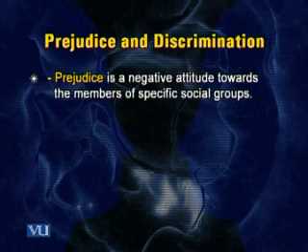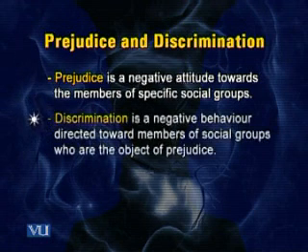Prejudice is a negative attitude towards the members of specific social groups, and that has an affective, evaluative component. While discrimination, as I stated before, is a biased action, a negative behavior directed toward members of social groups who are the object of prejudice, and it has a behavioral component.